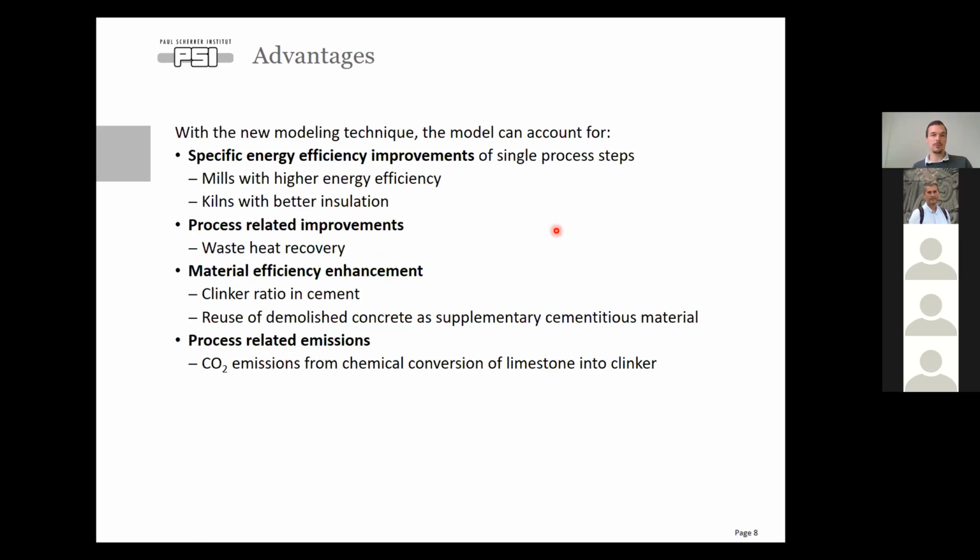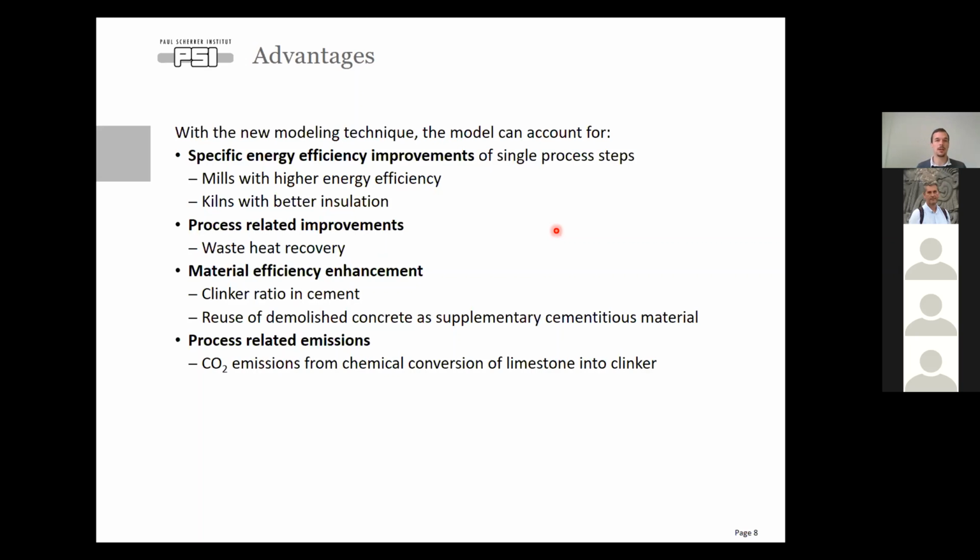We can also account for material efficiency enhancement. The main component in cement is clinker, but clinker can also be substituted by so-called supplementary cementitious materials.